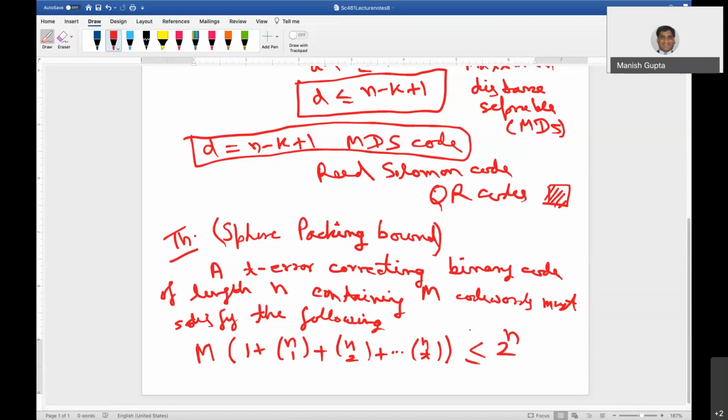So how to arrive at this beautiful result? We know that 2 raised to power n is the size of the whole space. Z2 raised to power n has 2 raised to power n vectors, and the code has capital M code words.